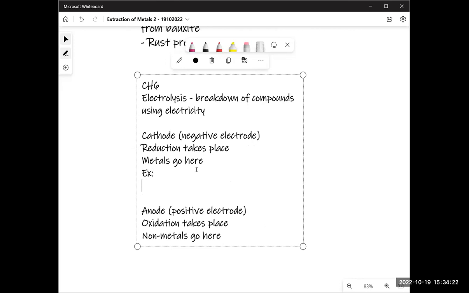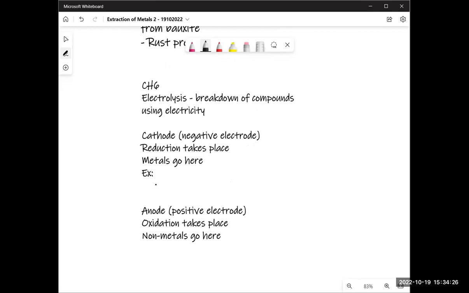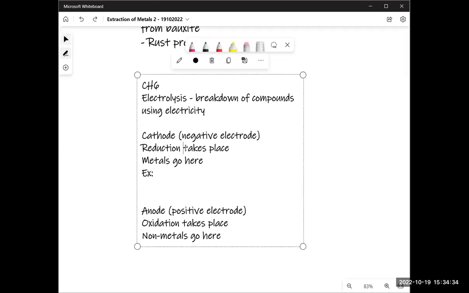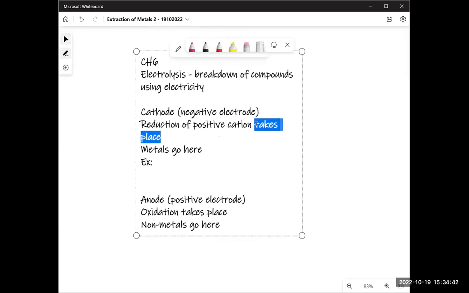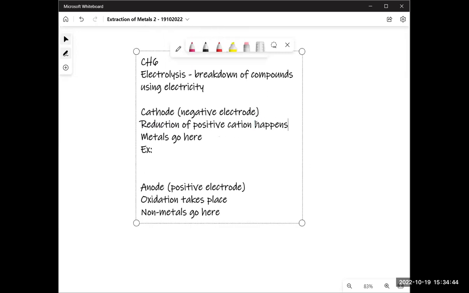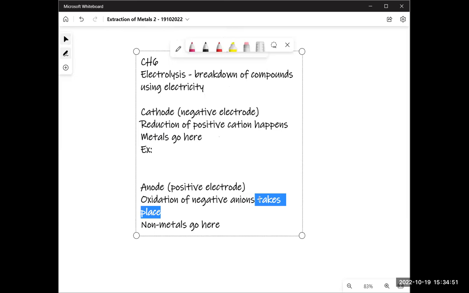Example could be, let's say a metal could be anything. Two examples, I'll give you two. Just a second. Write: reduction of positive cations happens, and oxidation of negative anions happens.